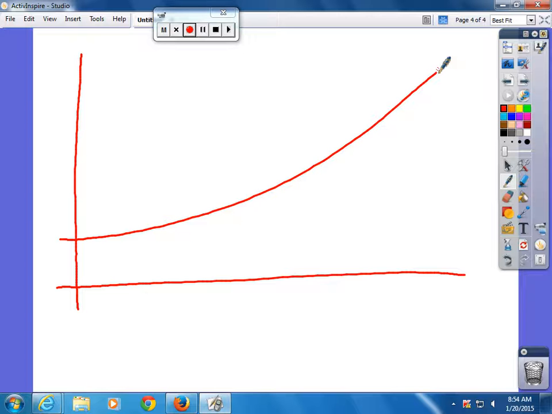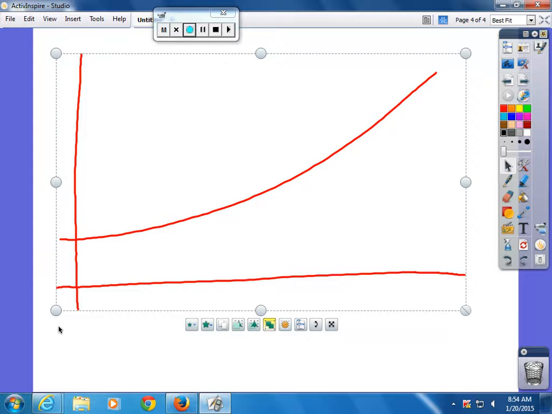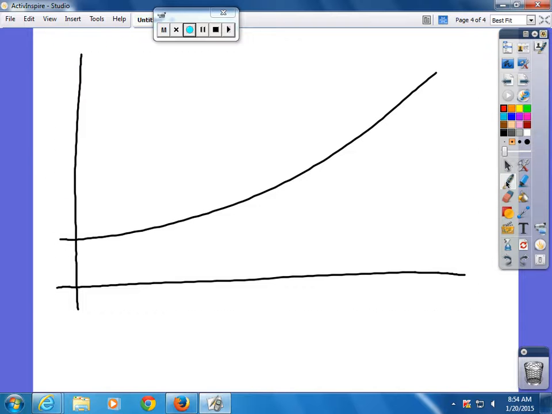Alright? Now, let's change this. I want to change all this. I don't like this. Let's change all this to black. Alright. Now, if I wanted to find the area under a curve using algebra, then I could do this. I'll take my blue marker.